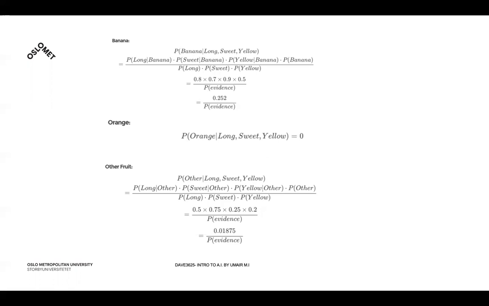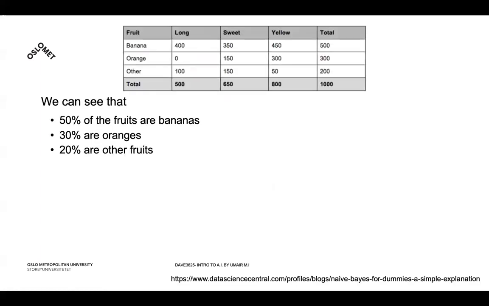So the same values which we picked from the previous data, those were 0.8, 0.7, 0.9, 0.5, you will apply over here. And if you jump down to number 2, that's where you're trying to predict if it's orange or not. That's the formula which I showed you in the previous screen, which was actually this one.